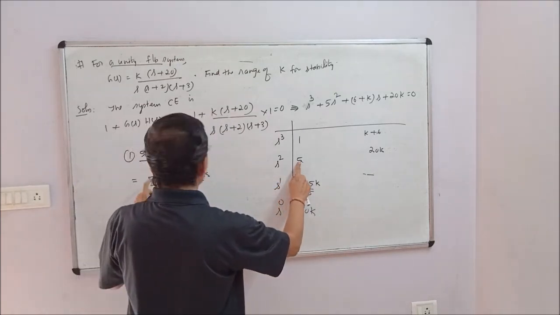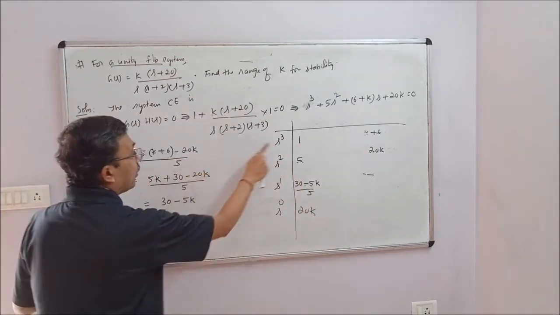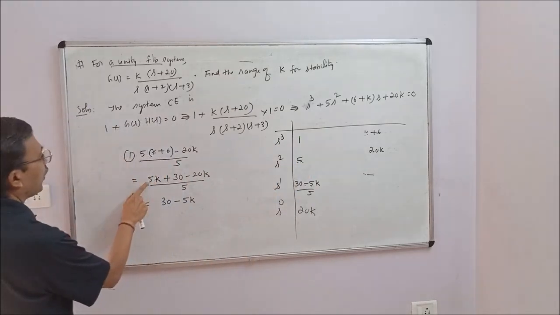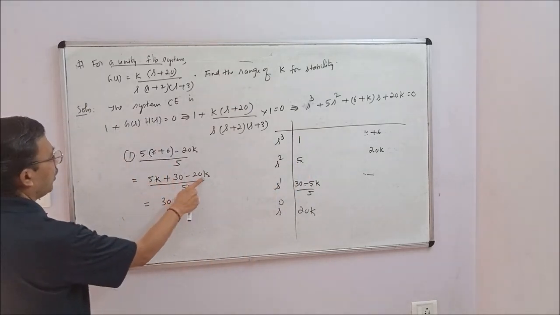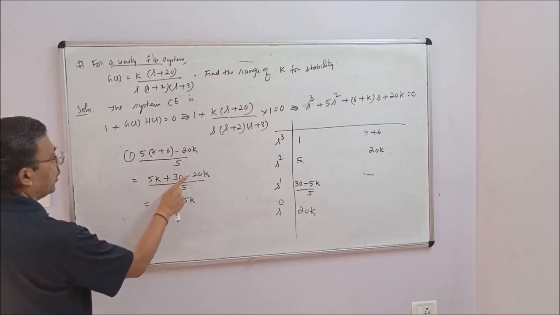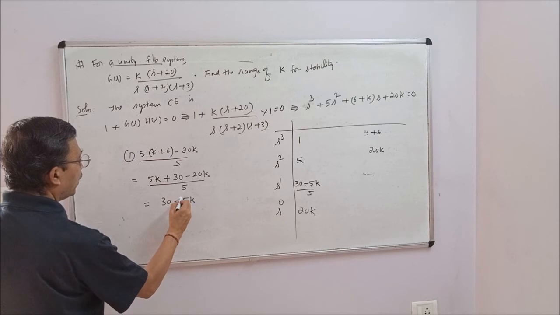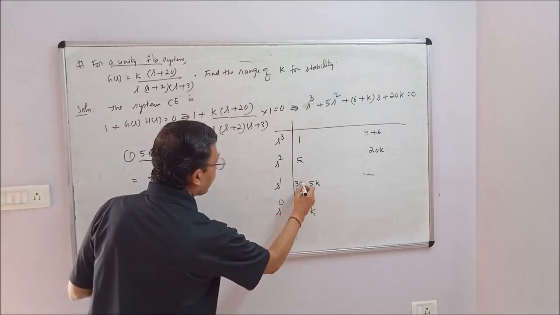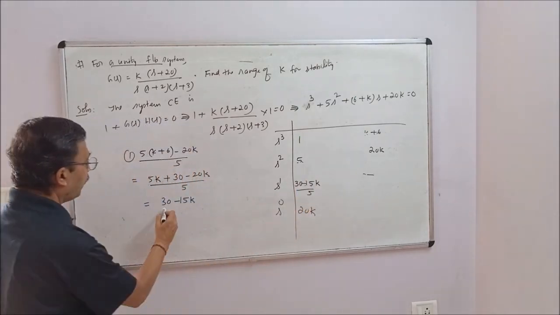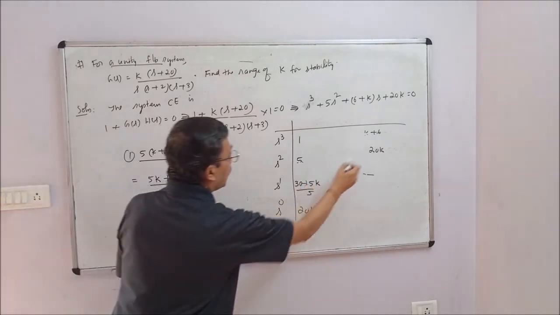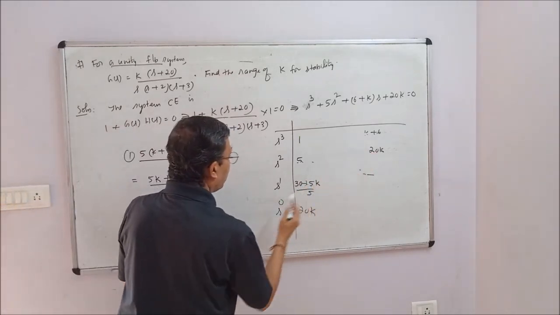So 5 into (K plus 6) minus 1 into 20K. So this is 5K plus 30 minus 20K. So it is 30 minus 15K, divided by 5. Correct. This into this minus this into this by this means 20K.